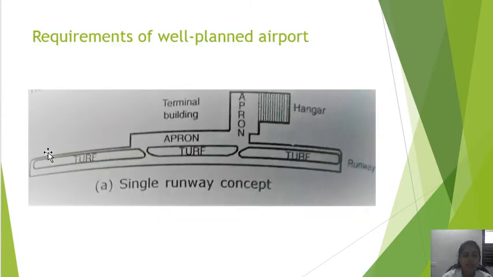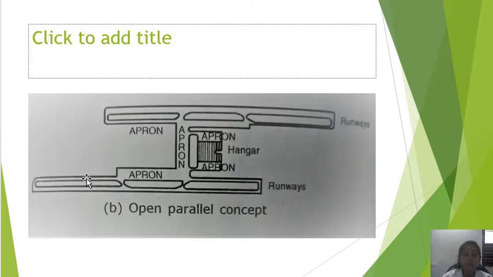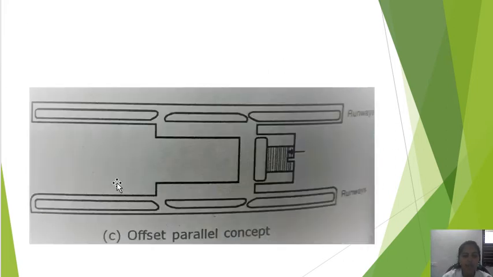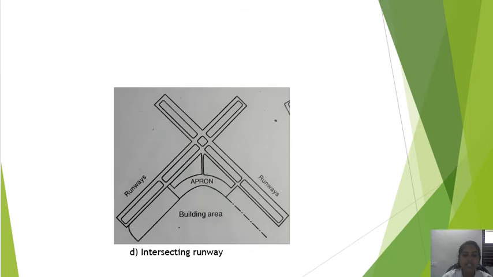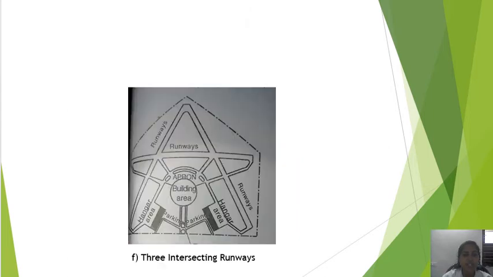Single runway concept means it has only one runway, and the open parallel concept means two runways will be there in the parallel direction, and this is the opposite parallel concept. This is intersecting, that is the runways will be intersecting, and non-intersecting means runways will not intersect each other. Three intersecting means three runways will intersect each other. That is, this is one runway, this is one runway, and this is one runway.